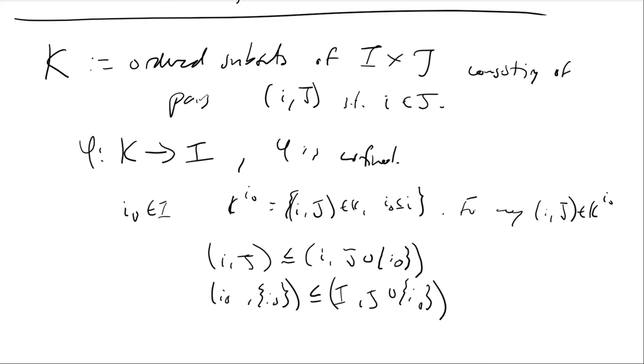Okay, so sorry, I just realized that's a capital I. That shouldn't be. This should be an I0 as well. There's no capital I anywhere in this, so that doesn't make any sense. Okay, and so that proves the connectedness.